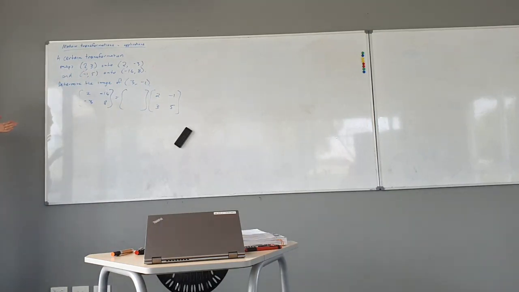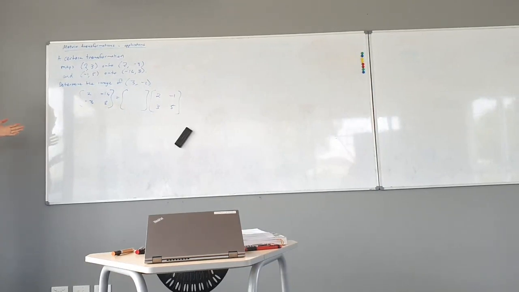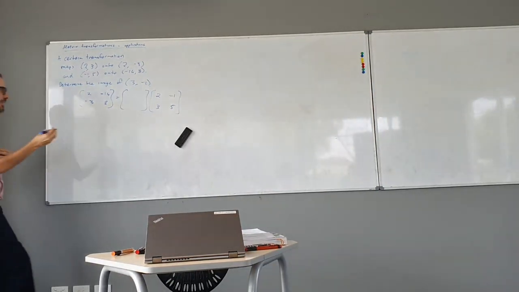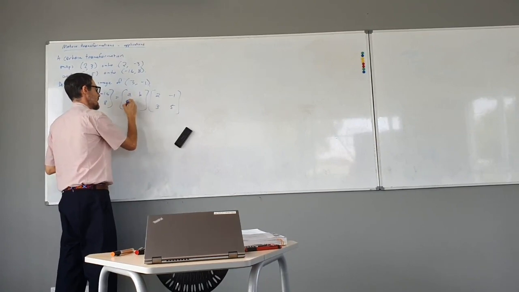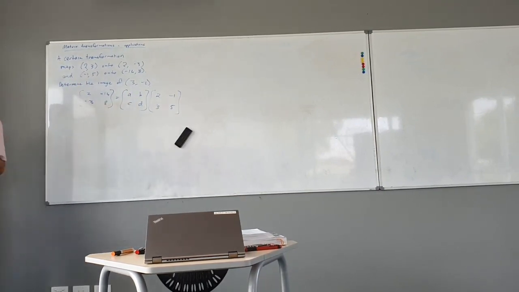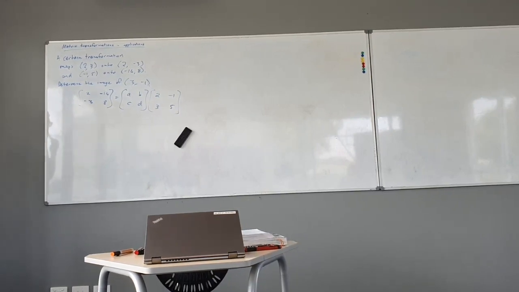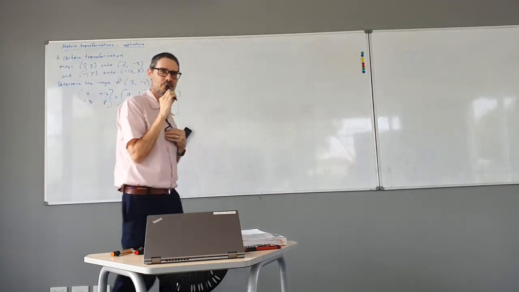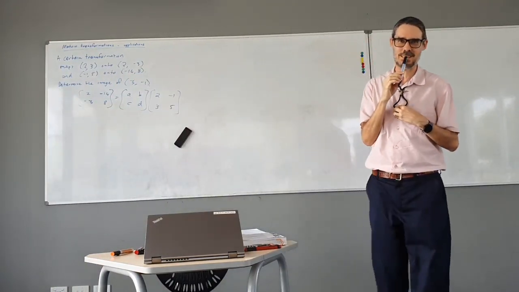And what's the strategy since about grade 7 for when I don't know what a number is? Put a letter in. A, B, C, D. If I can solve this, then I can work out what my matrix is.